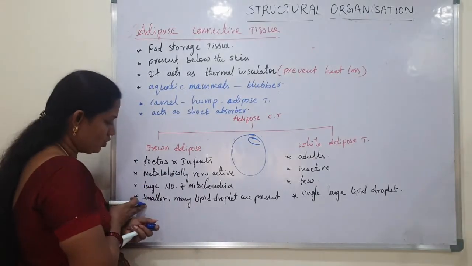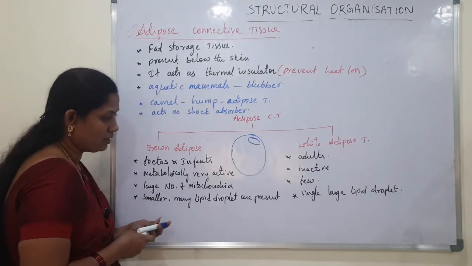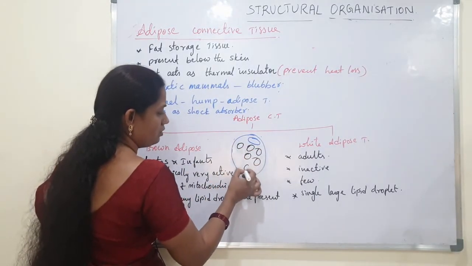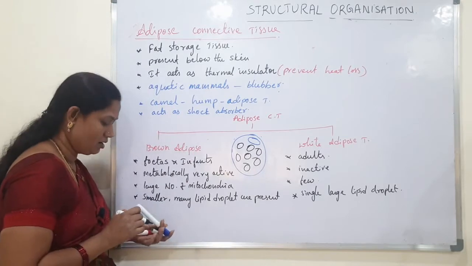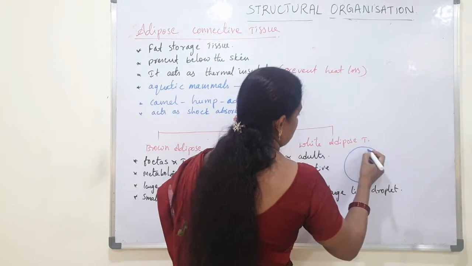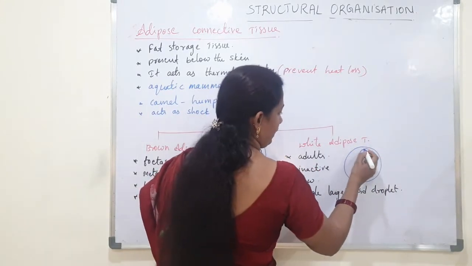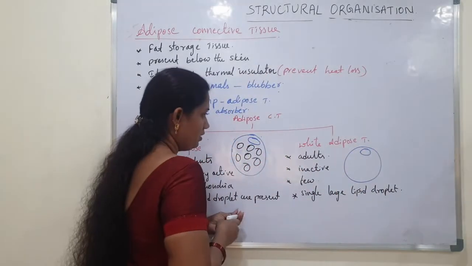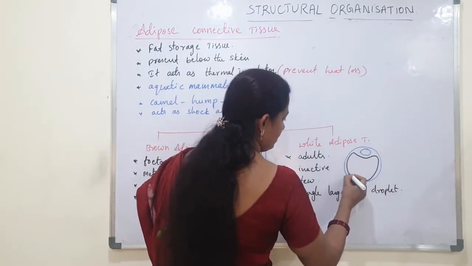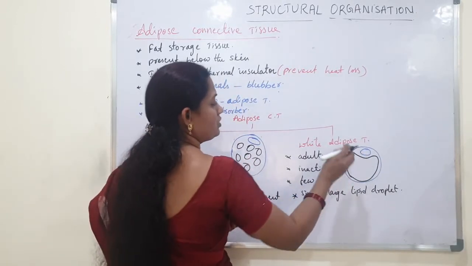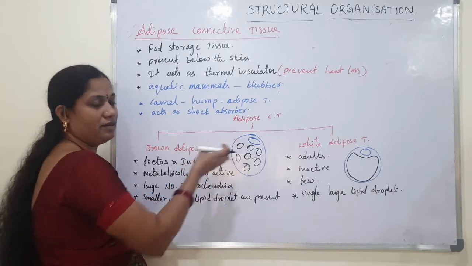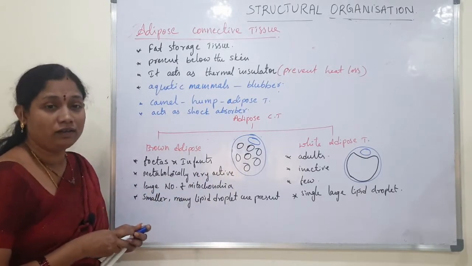Next, here smaller and many lipid droplets are present. For example, this is the cell and this is the nucleus. Here, in white adipose tissue, the fat is stored in a single large droplet, completely. In brown adipose tissue the lipid is stored in smaller droplets.